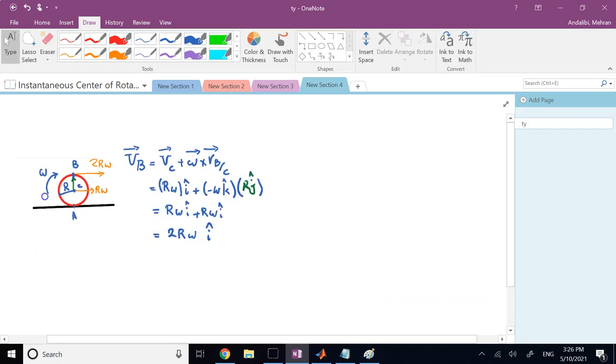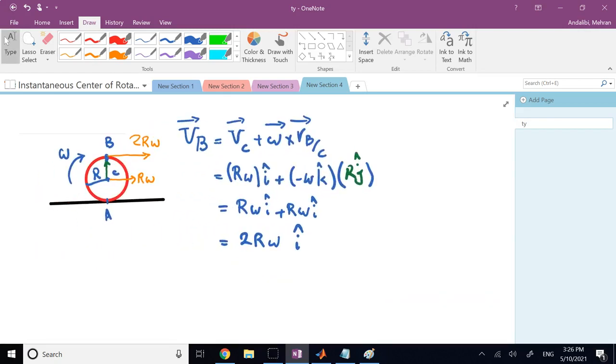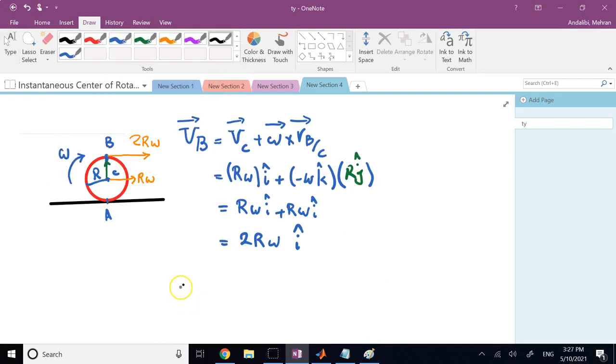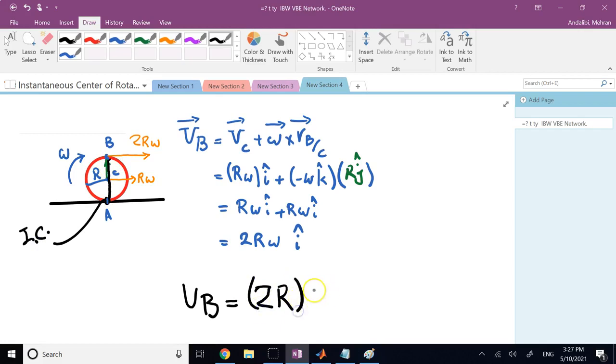Okay. Now, can I find that using the instantaneous center? Sure. I say V of B is definitely the distance it has to the center of rotation, which is this point. Remember, this point is what? The instantaneous center. What's the distance it has to the center? Clearly, this distance is 2 times R and times omega.